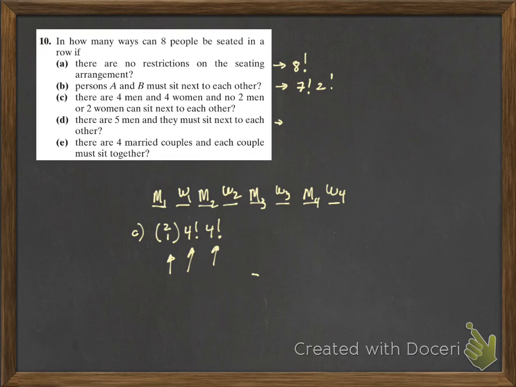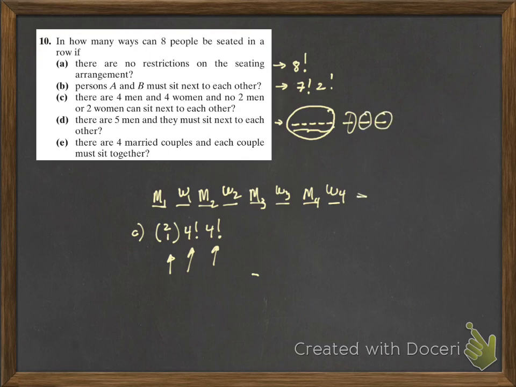So our men now get glued together. So 1, 2, 3, 4, 5. They become 1 unit. And then we have 8 people still. The remaining people are women. So what we really have are 4 groups. The glued together men, 1 woman, other woman, other woman.